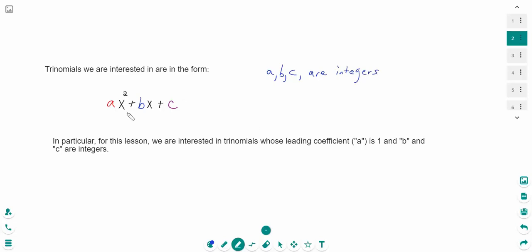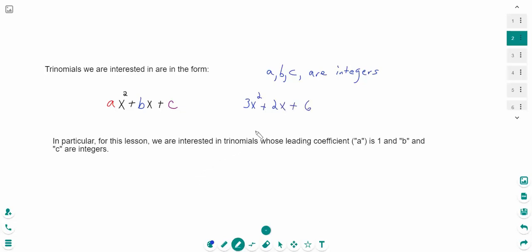So x is obviously the variable, but a, b, c, those are the coefficients, or the integers in this case. An example of the kind of trinomial that we're interested in would be something like 3x squared plus 2x plus 6.